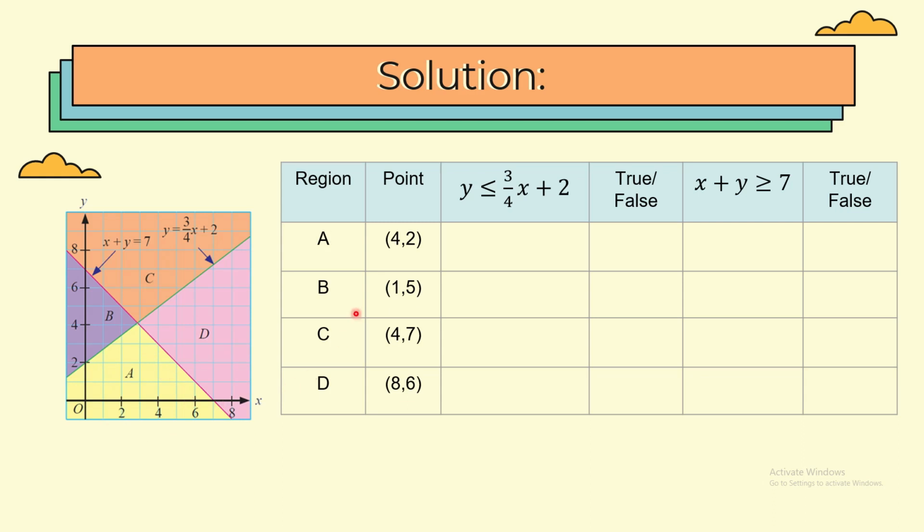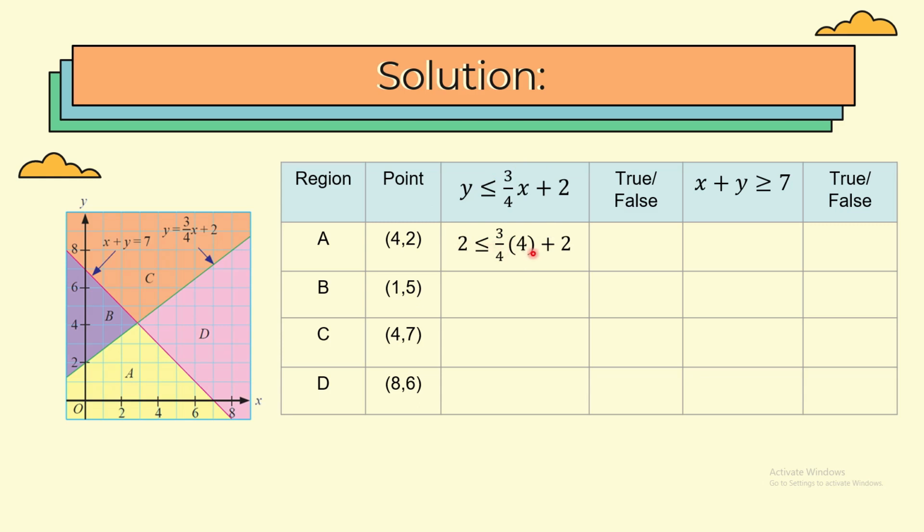The point I pick from this region is the point (4, 2), which is here. This is the point that I choose. You can choose any point that you want as long as it is in that region. I substitute this point into this linear inequality and solve it.